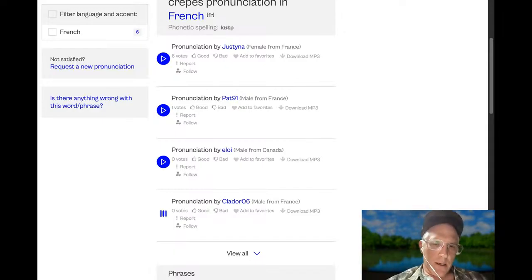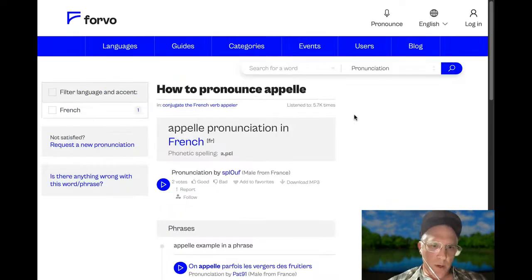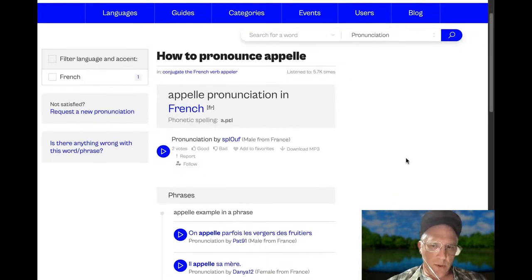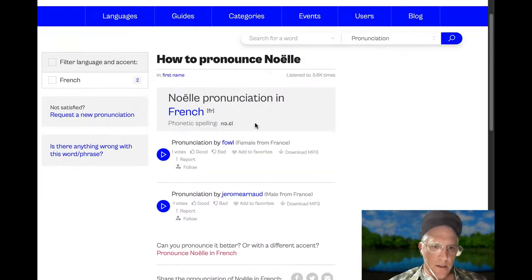Crêpe. All right, so now in the exercise, we have a bunch of words. The first word is appel. Now the question is, is it A or is it eh? Appel, appel. Sounds like it's an appel. Appel means to circle. All right, next one is Noël.